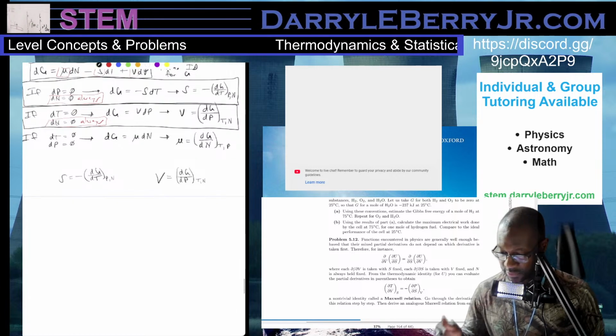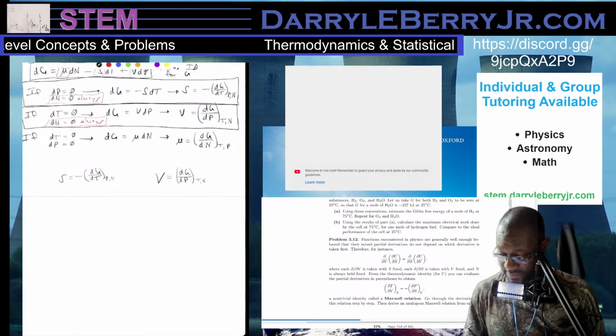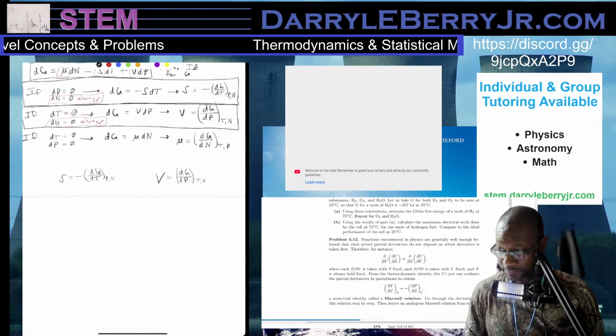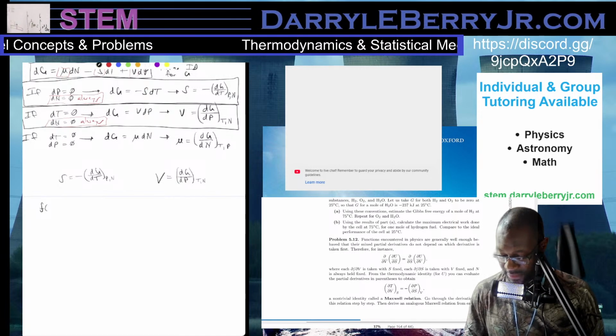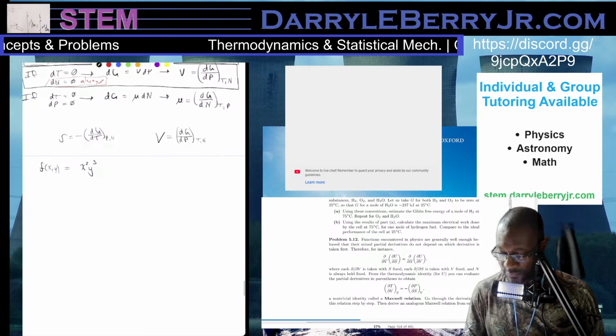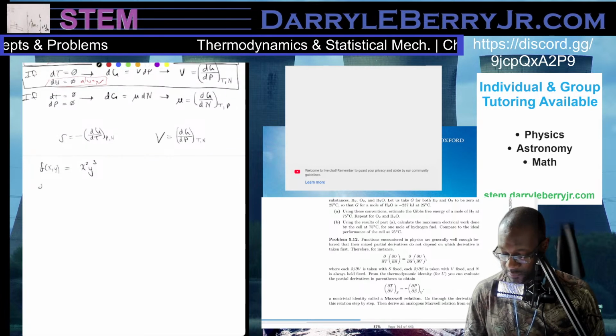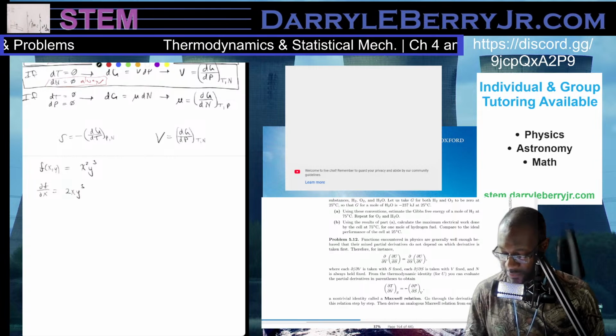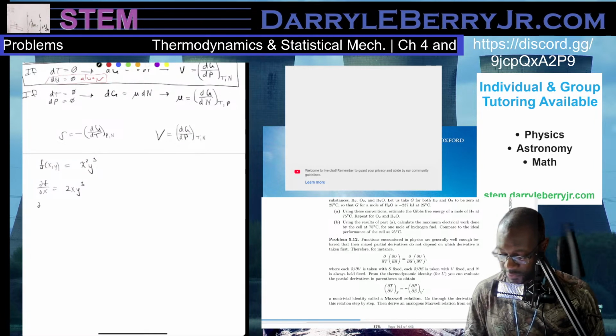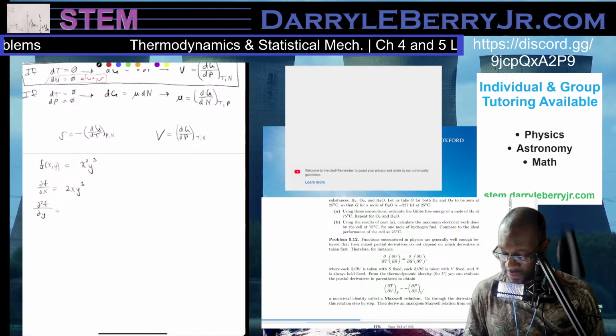In just regular mathematics, you can have, for instance, let's say we have an equation f of x,y equals x squared y cubed. So partial f partial x equals 2x y cubed, and partial squared f partial y squared equals 6xy squared.